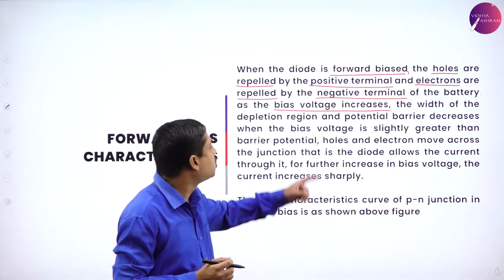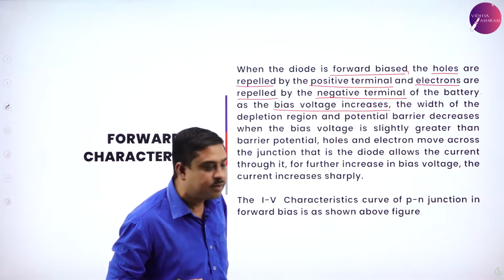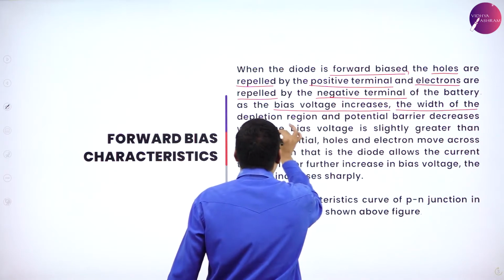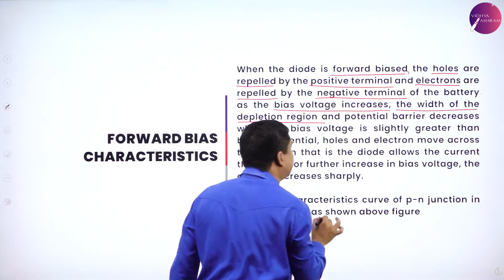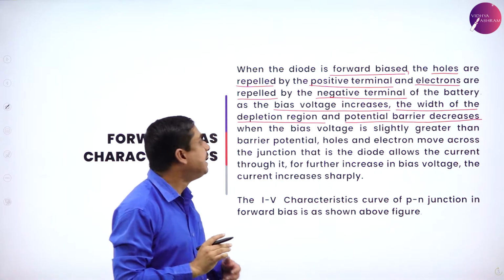Because of the repulsion, bias voltage increases. The width of the depletion region and the potential barrier decreases.